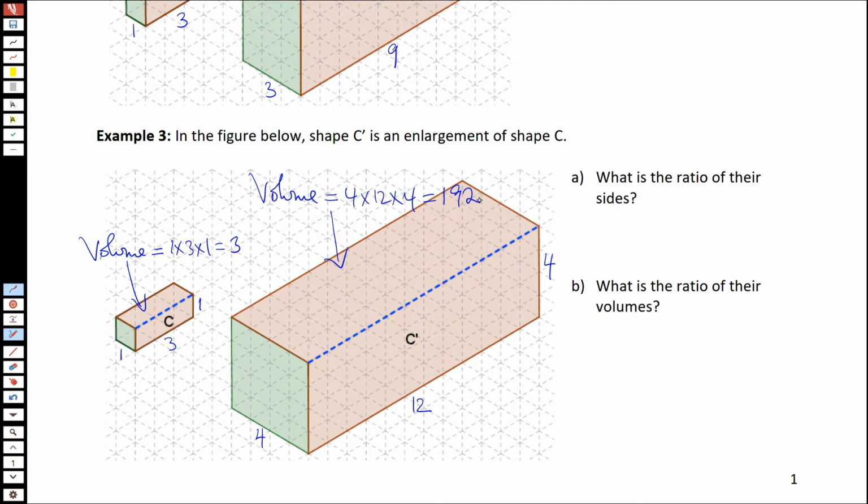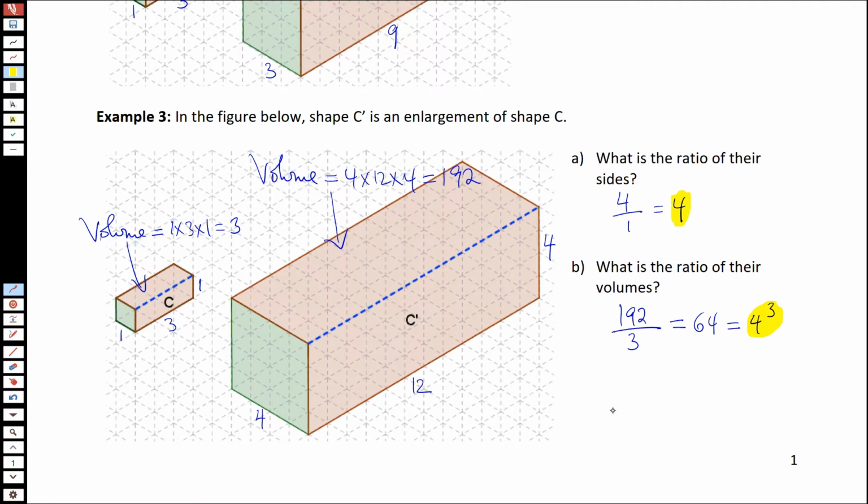All right, so what is the ratio of the sides? The ratio of the sides is just 4 over 1, which is 4. And the ratio of the volumes will be 192 over 3, and that is equal to 64. Now just remember 64 is the same as 4 cubed, and again we can see that a similar relation exists here: if you cube the ratio of the sides, you get the ratio of the volumes.